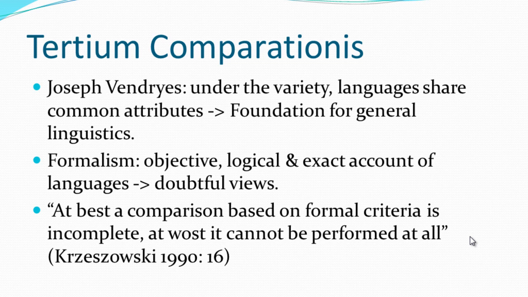Now, Joseph Van Drake made a very important point about the Tertium Comparationis. I mean, all languages seem to be different from each other, but actually they have a lot to share. Okay? Deep under those differences, they have lots of things in common. And this is the foundation for general linguistics.